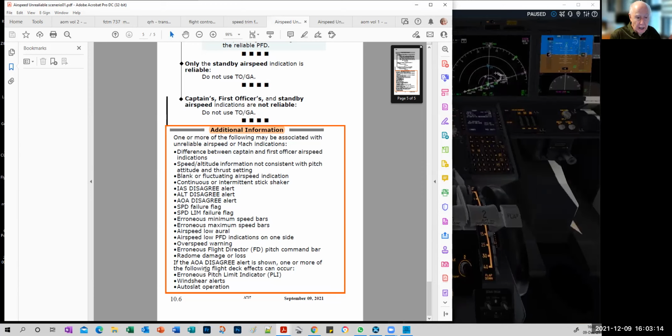The angle of attack disagree alert is shown. One or more of the following flight deck effects can occur. Erroneous pitch limit indicator, wind shear alerts, auto slat operation.